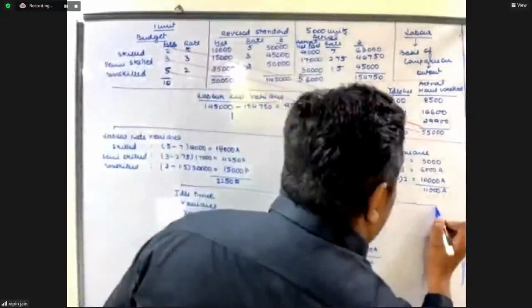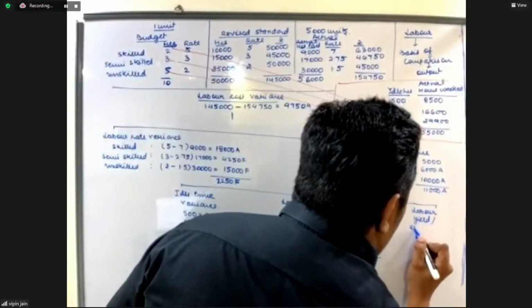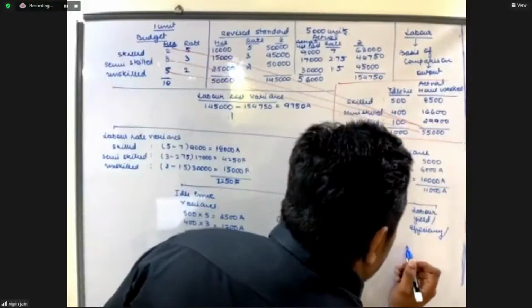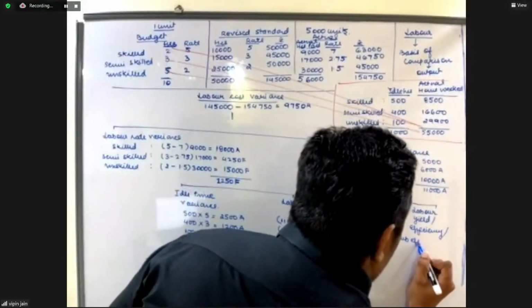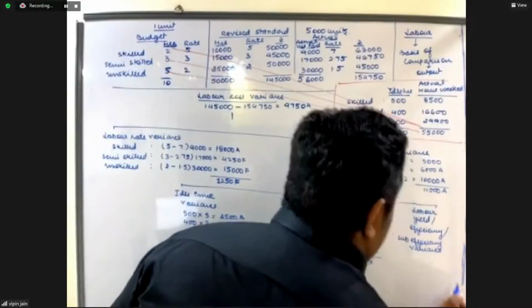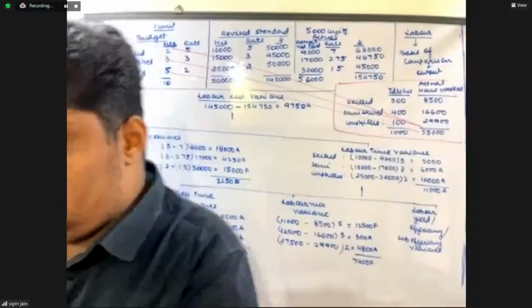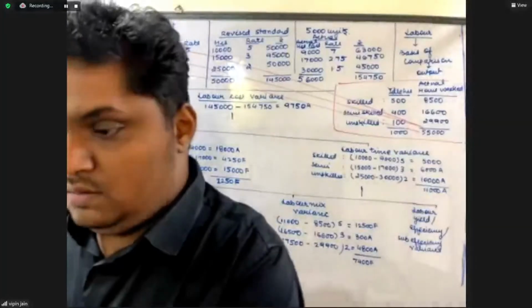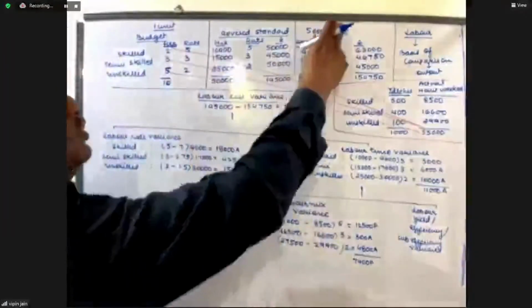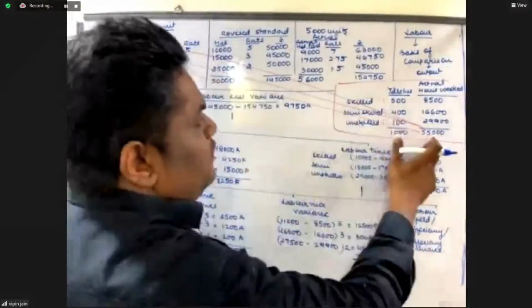Again, when talking about labor yield or efficiency variance, the work was supposed to be completed in 50,000 hours, but we actually took 55,000 hours.